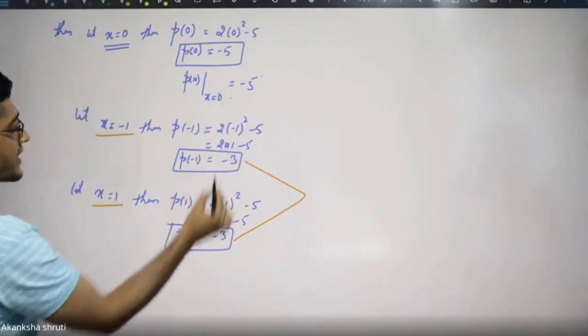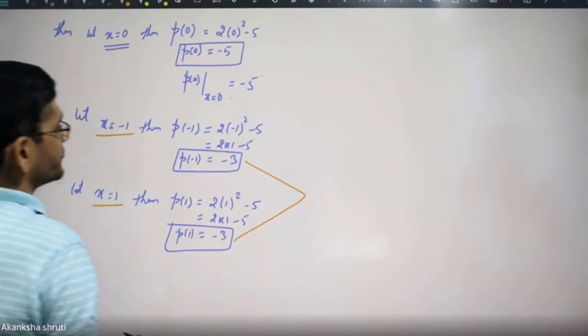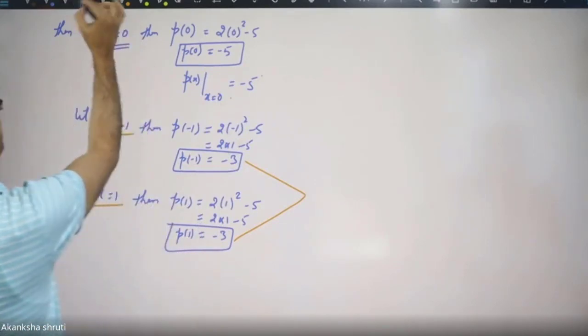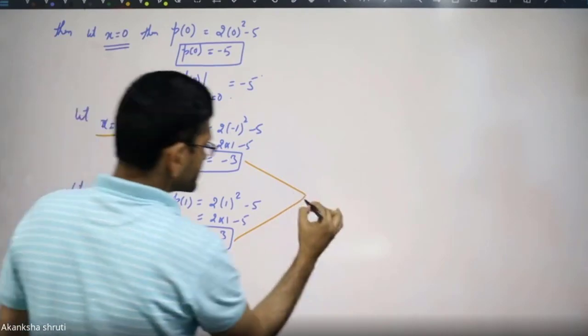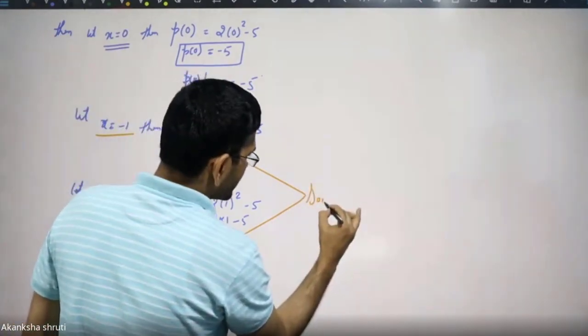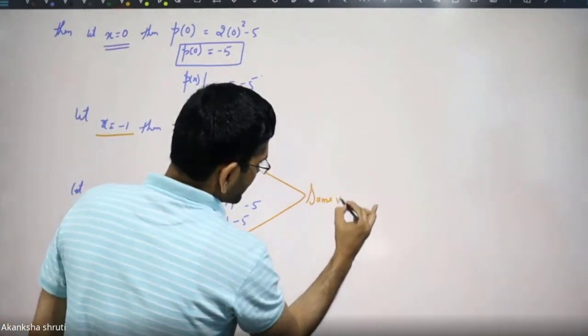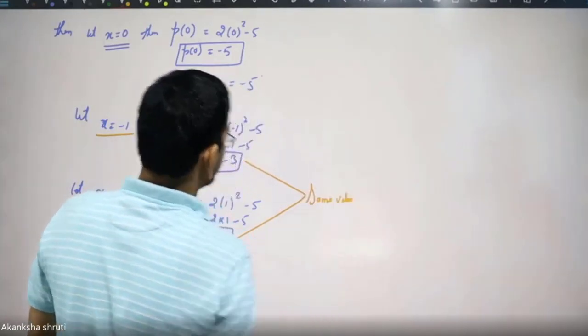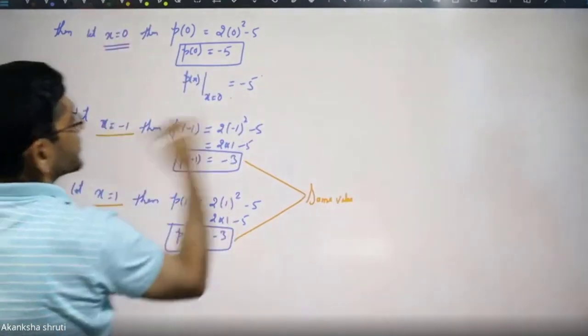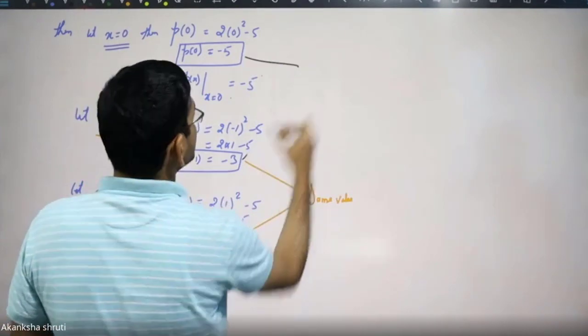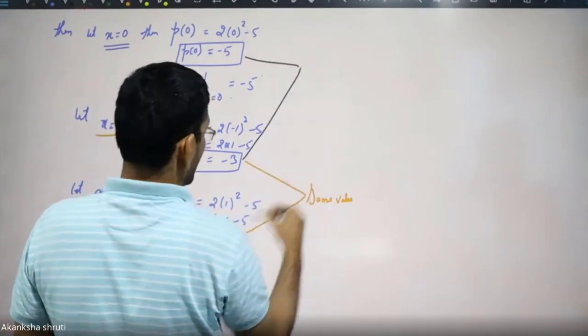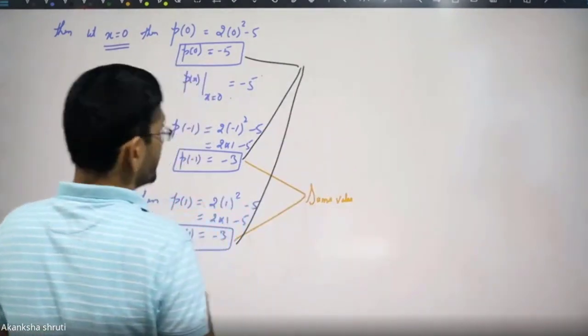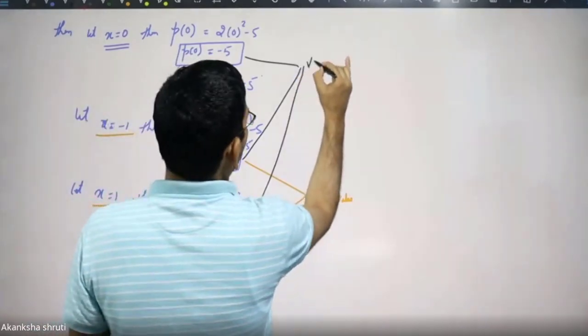So these are the values of polynomials. Write few things here. They have same values, and all these 3 are the values of polynomial.